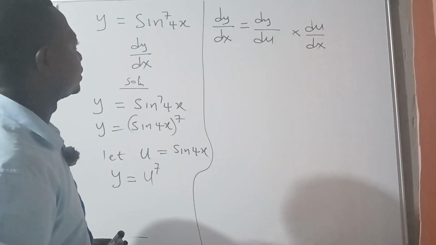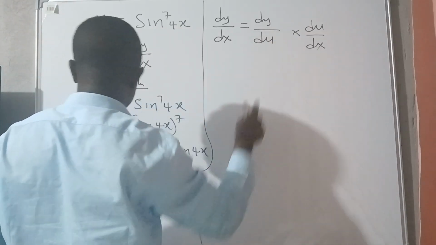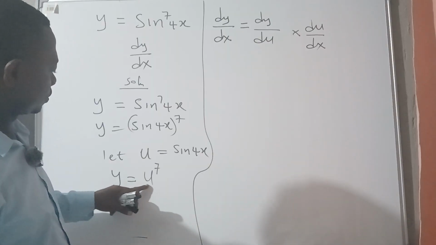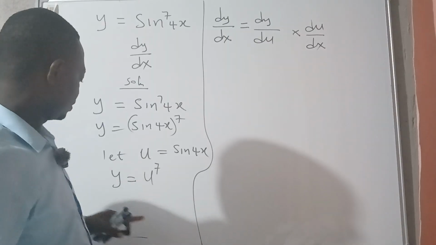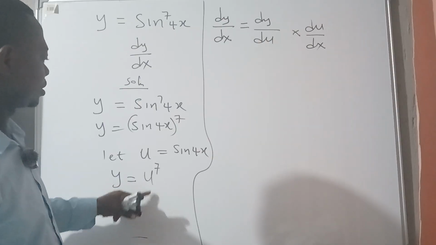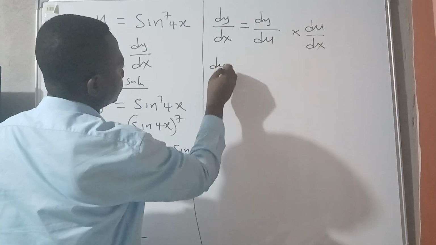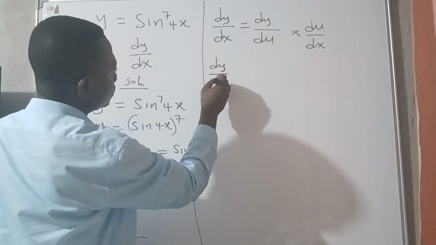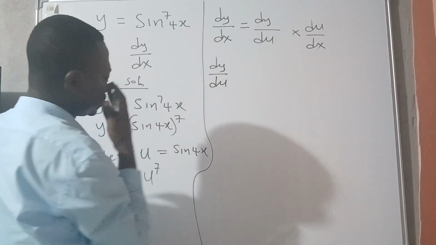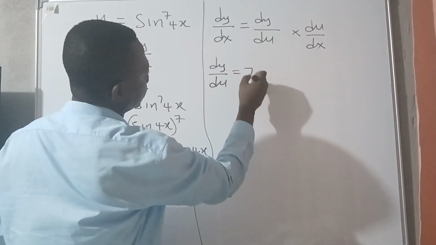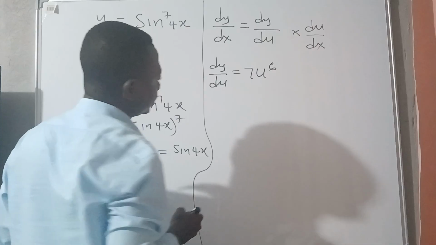So let's find dy/du. Where can I locate that? y equals u raised to 7. I differentiate y with respect to u, and dy/du is 7u to the power of 6.